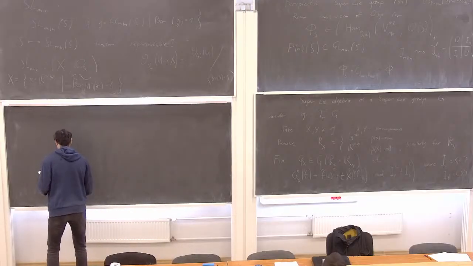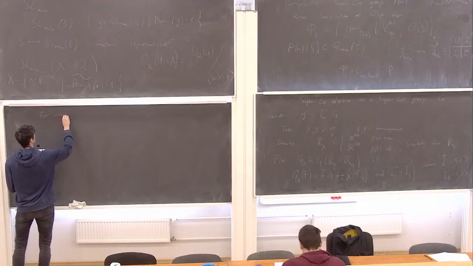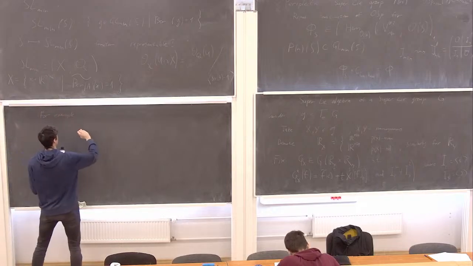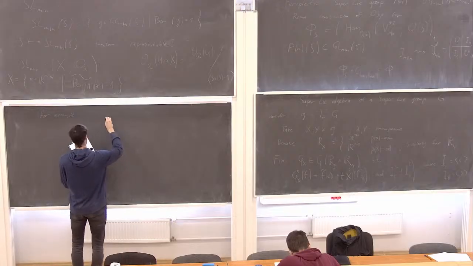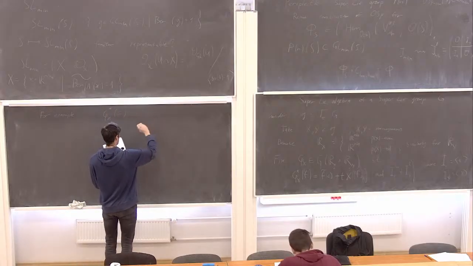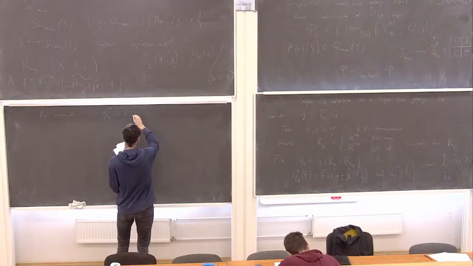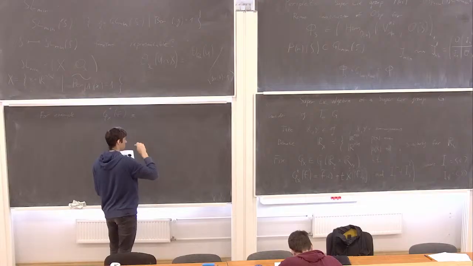So, for example, I can take phi x defined by default by its pullback. So again, this is using loose notation here, but it will be clear what I mean.